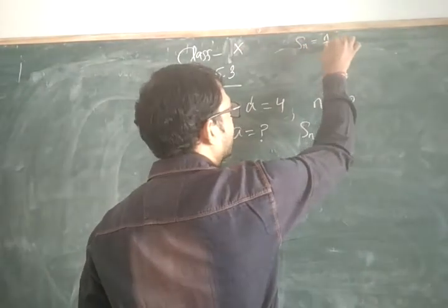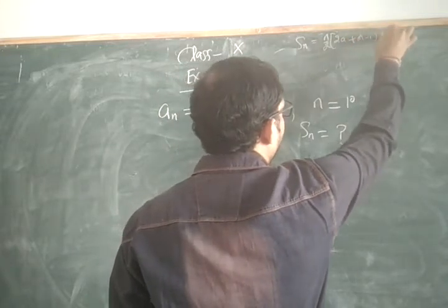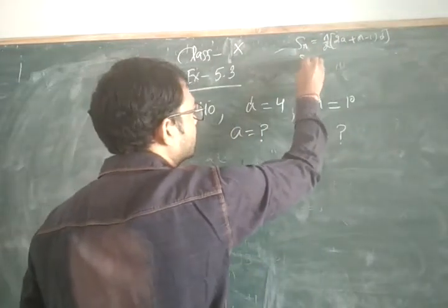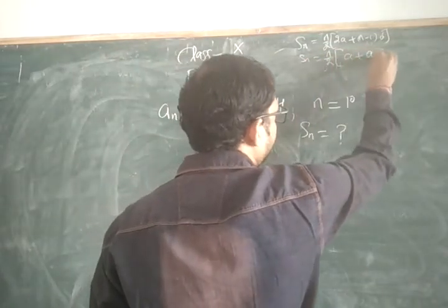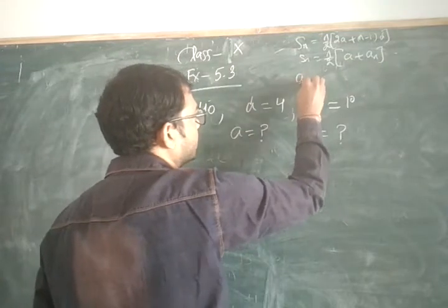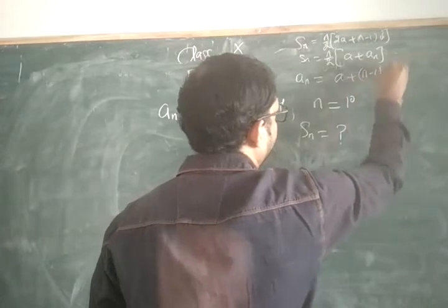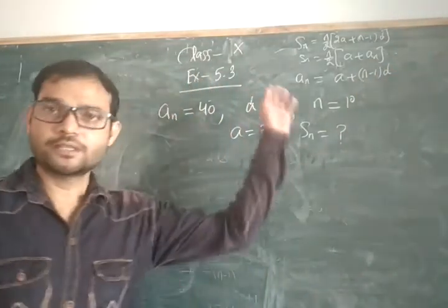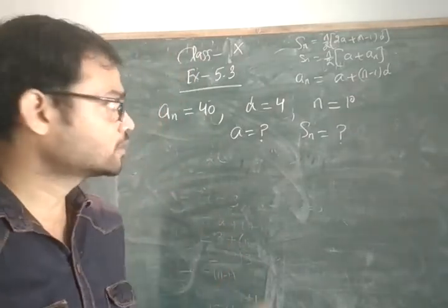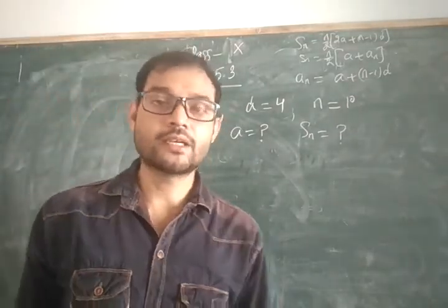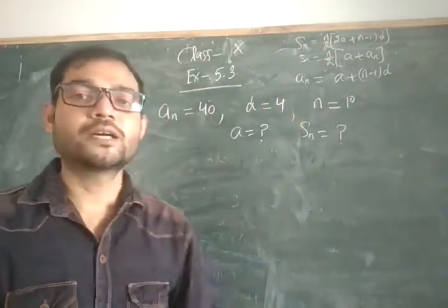तो आपको ये अच्छे से पता होना चाहिए कि आपने Sn फाइंड करना है. उसका फॉर्मूला n अपॉन 2 (2a प्लस (n माइनस 1)d) और दूसरा जो हम लगाते हैं Sn इक्वल टू n अपॉन 2 (a प्लस an) और थर्ड फॉर्मूला an इक्वल टू a प्लस (n माइनस 1)d. तो ये आपके 3 फॉर्मूले हैं जो इस पूरे चैप्टर में यूज़ होते हैं. तो हम इसमें कौन सा फॉर्मूला पहले लगाएंगे ये हमें देखना पड़ेगा, क्योंकि इसी में आपको Sn वाला भी लगाना पड़ सकता है, an वाला भी लगाना पड़ सकता है.